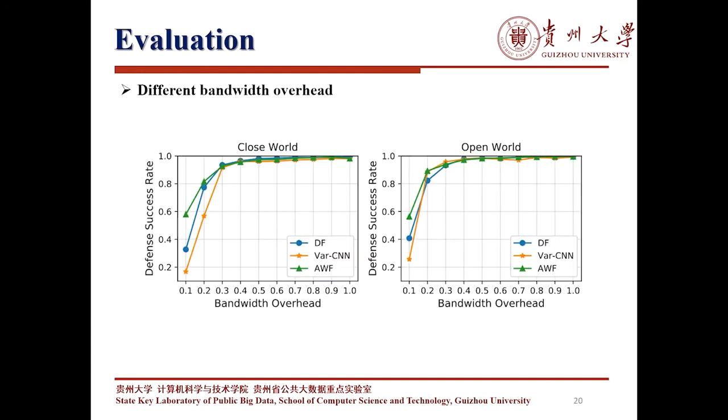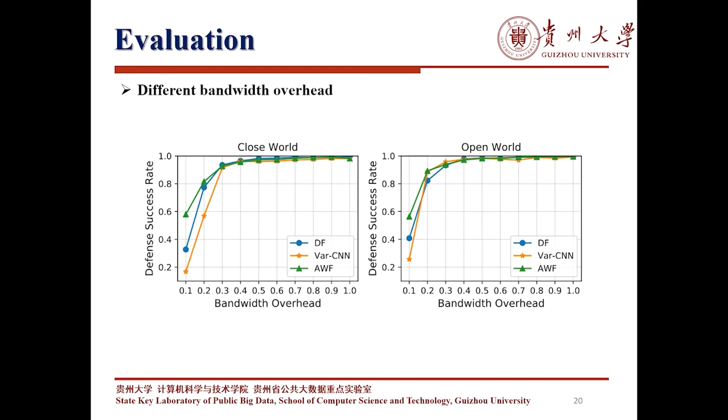Next, we use SAD to generate adversarial examples according to different bandwidth costs, and we also did experiments in the closed world and open world respectively. We used 3 recent deep learning-based website fingerprinting attack models to test the effectiveness of adversarial examples.